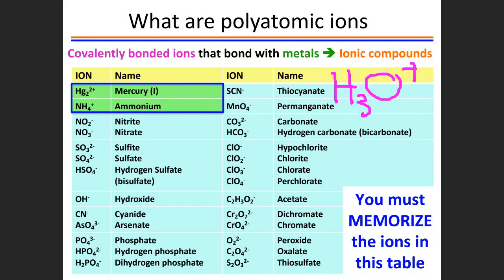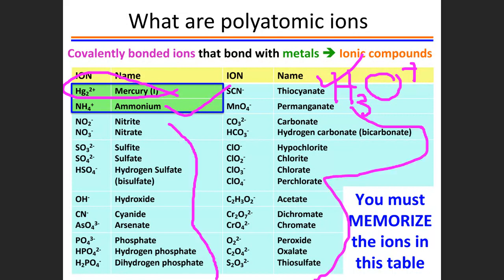Actually, these two are polyatomic cations. I'm not sure why they give this one because this is a single cation anyway. So this one and this one are polyatomic cations. And if you look at all the others, all are anions.